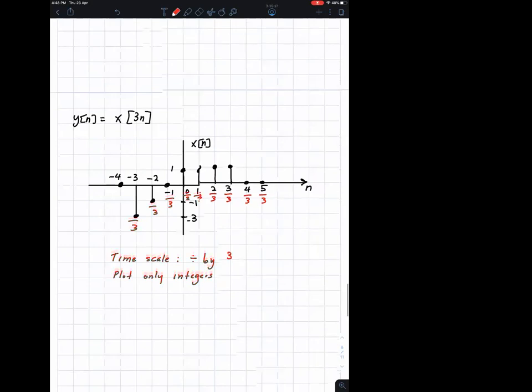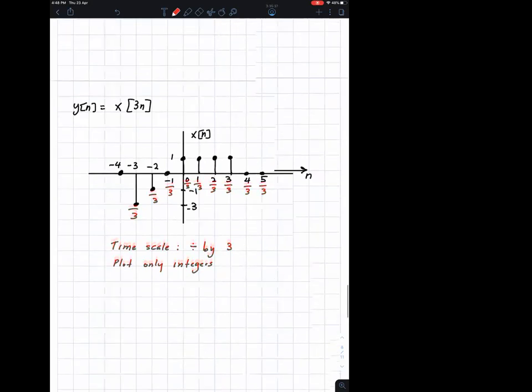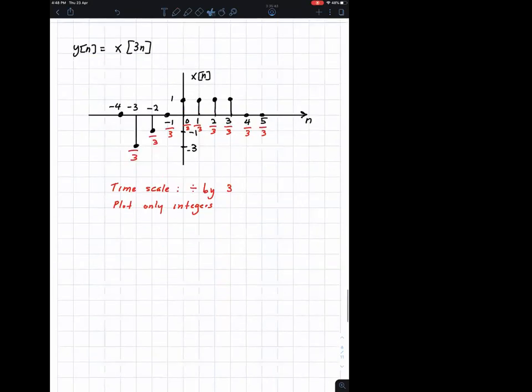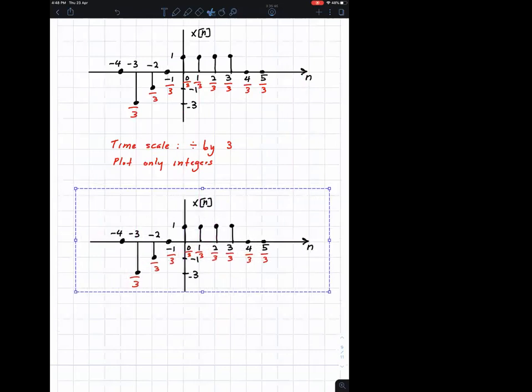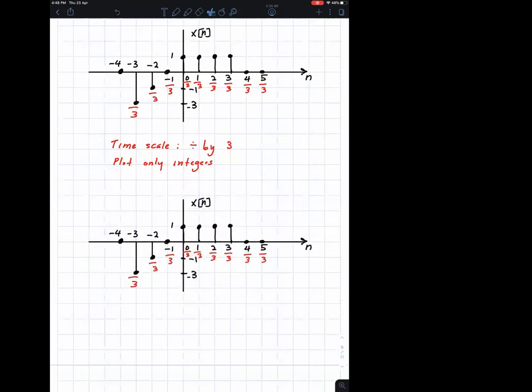Okay, therefore, let me copy this over here. So now 4 divided by 3 is not an integer, so don't worry about all these things, because these are not integers.